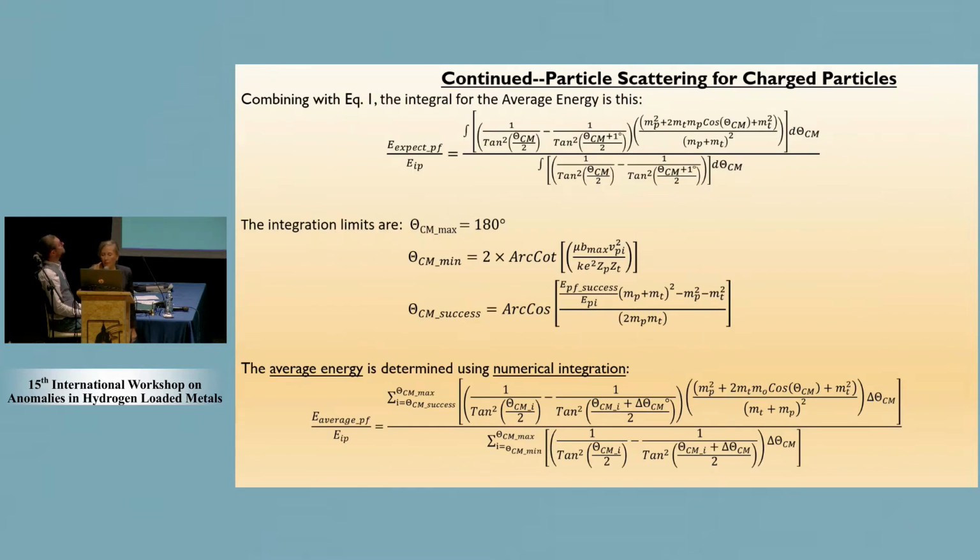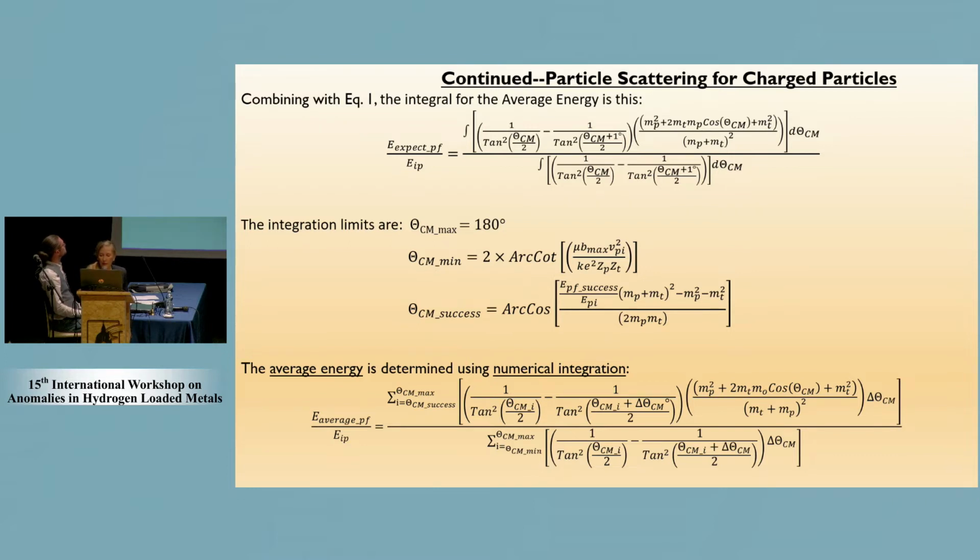The equation for the average energy is this, using the appropriate integration limits. Theta center of mass max is always 180 degrees.